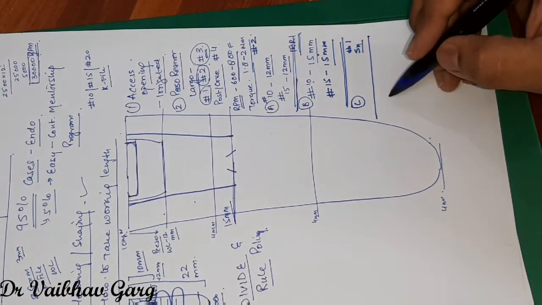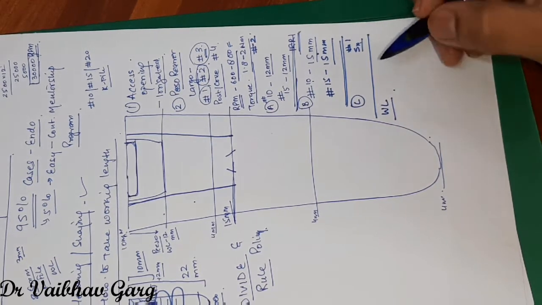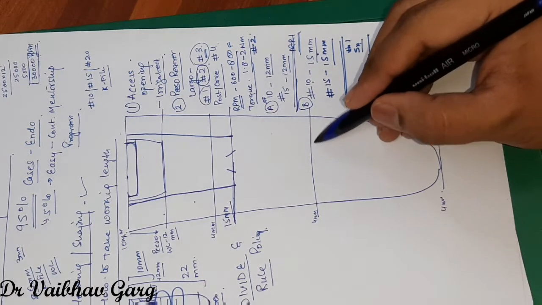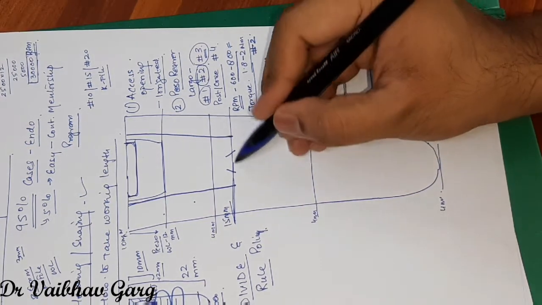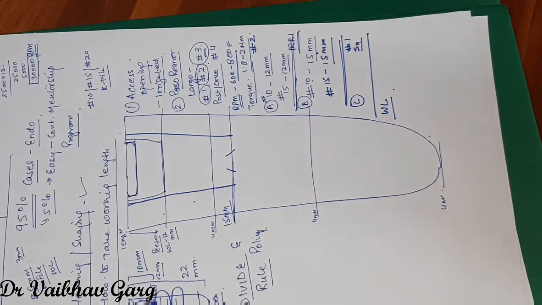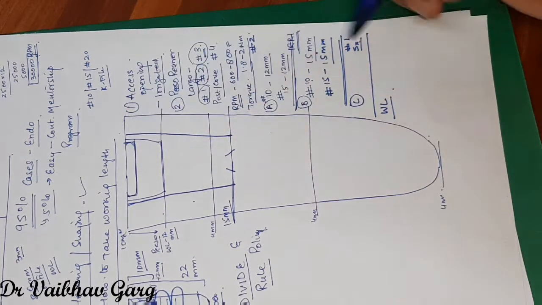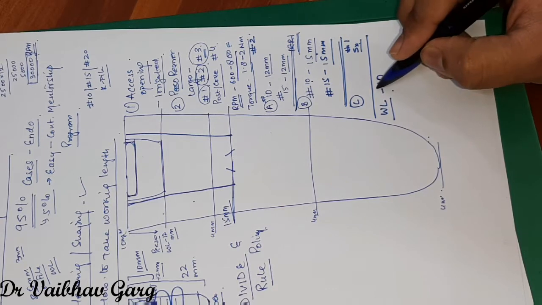If you take working length now, you will have to just cover 4 mm of this and 3 mm of this. So this will happen. Now I am taking my working length file is 10 number file.